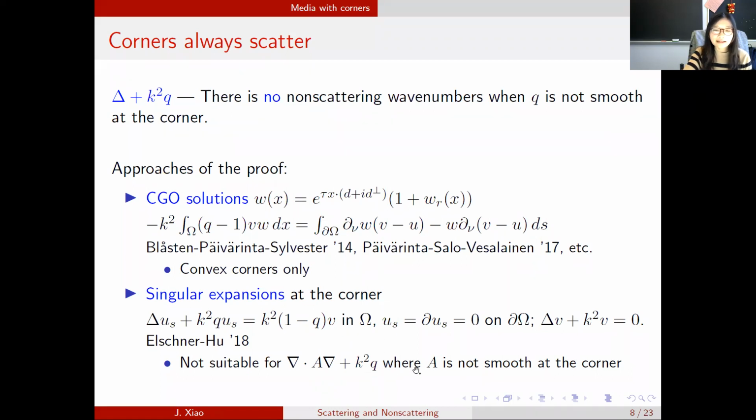However, when A is not smooth in an open neighborhood of the corner, this technique doesn't work, at least in this way.